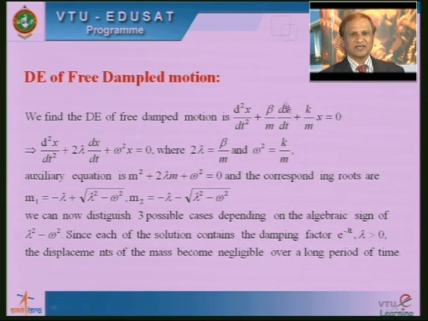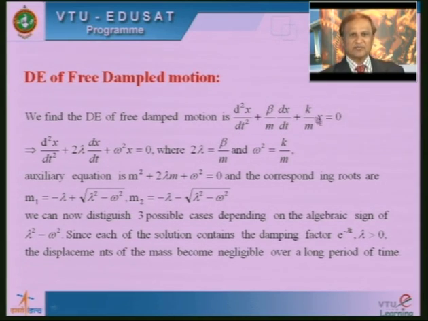In the earlier examples, it is given that d square x upon dt square plus omega square x is equal to 0, or d square x upon dt square minus omega square x is equal to 0. So instead of two terms, suppose we introduce one more term like this, what happens? We will observe. Is it clear?